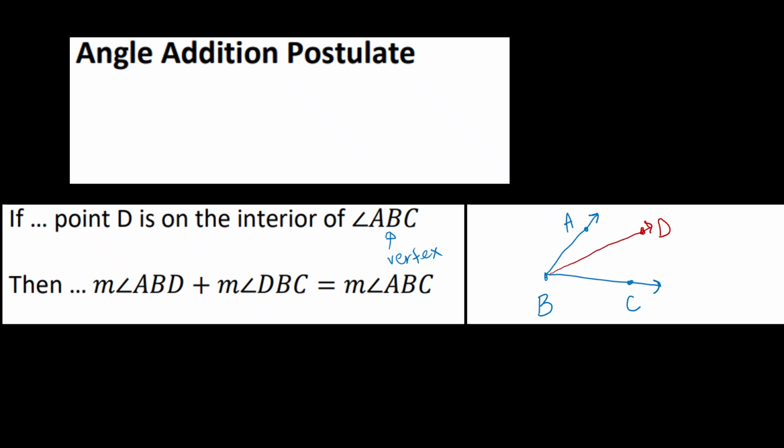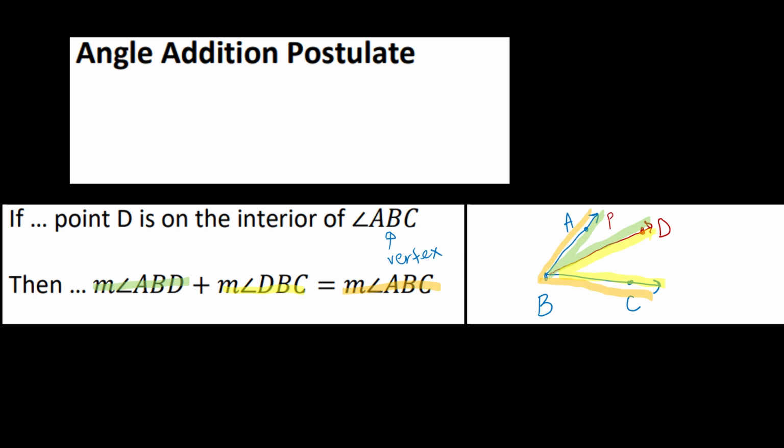What the postulate says is that the measure of angle ABD plus the measure of angle DBC is equal to the measure of ABC. I hope that looks familiar to you from our line segment addition postulate.